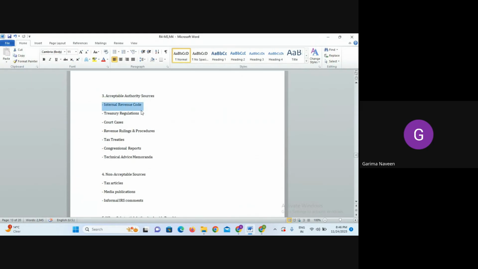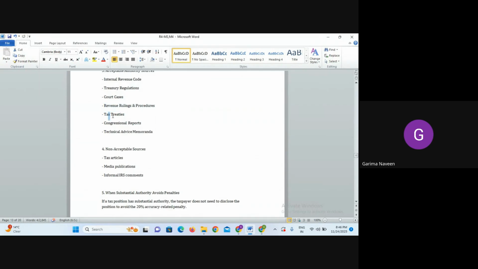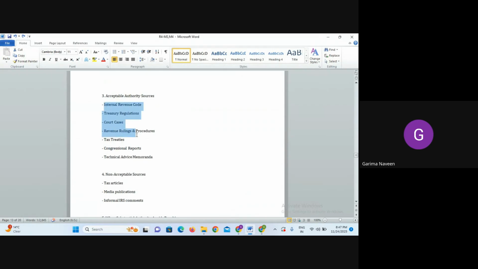First is IRC, Internal Revenue Code. Then treasury regulations, court cases, revenue rulings and procedures, tax treaties, congressional report, technical advice memorandum. These are acceptable authority sources. If you have taken that information from these sources, then it is acceptable by the IRS.